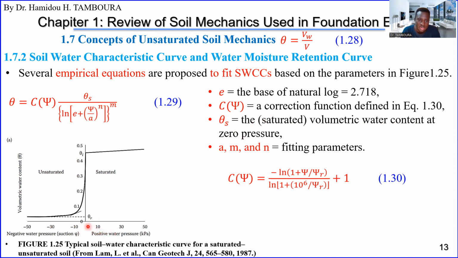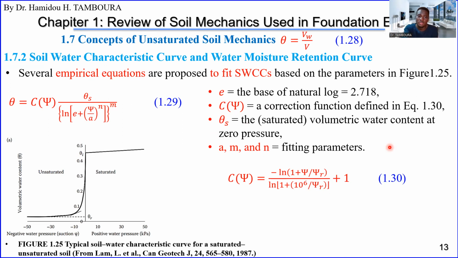You see the pressure here, right? So it will be here, zero pressure. And this one, a, n, and m, these are fitting parameters. By changing these parameters, you can fit the curve.